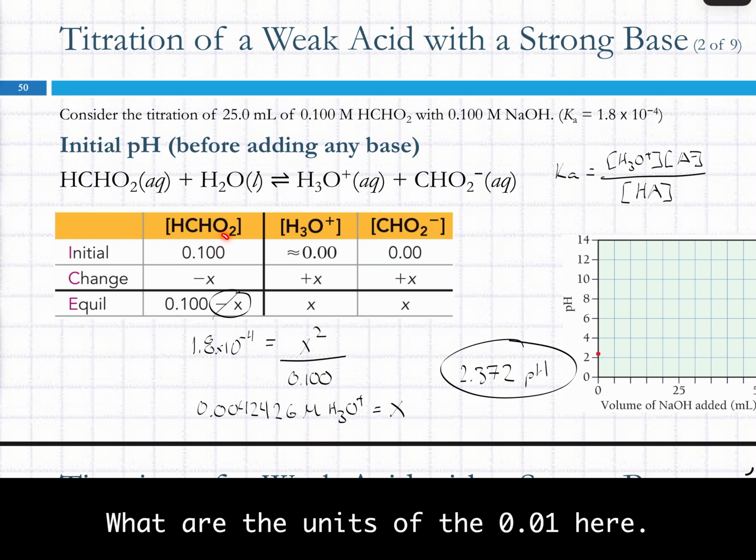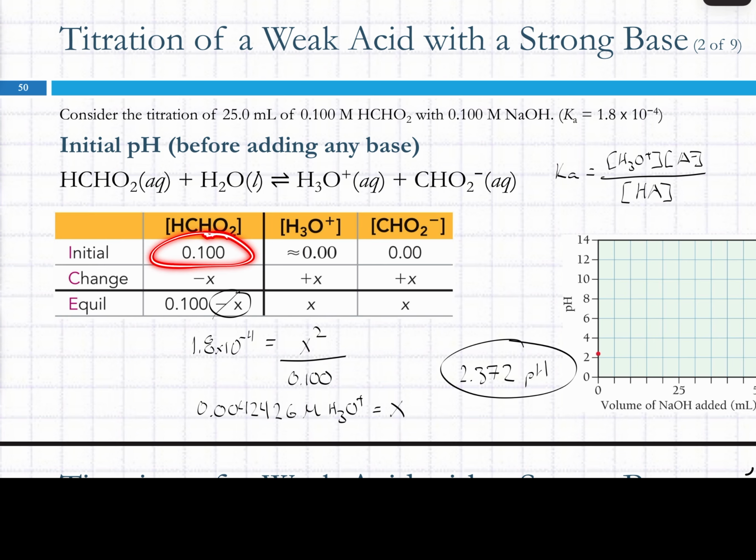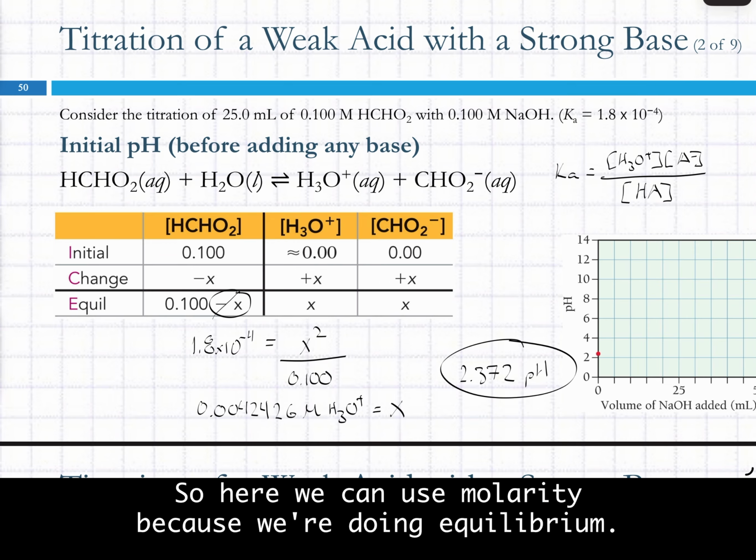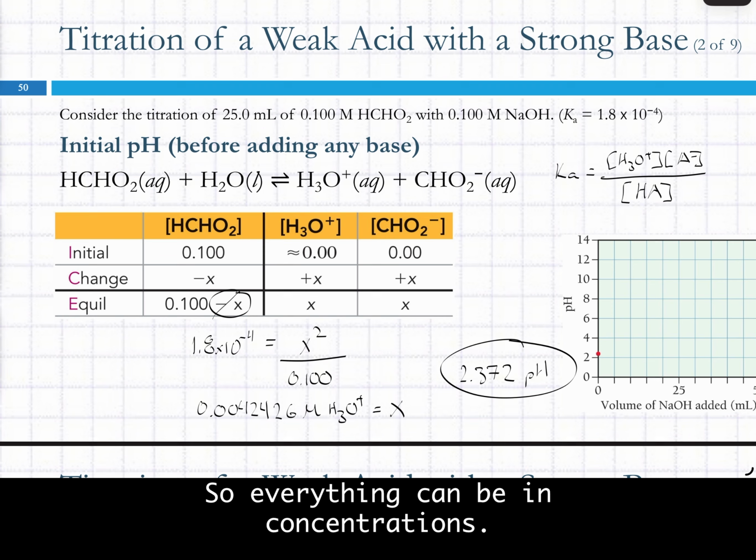What are the units of the 0.01 here? On the ice table? Moles per liter, molarity. So here we can use molarity because we're doing equilibrium, so everything can be in concentrations.